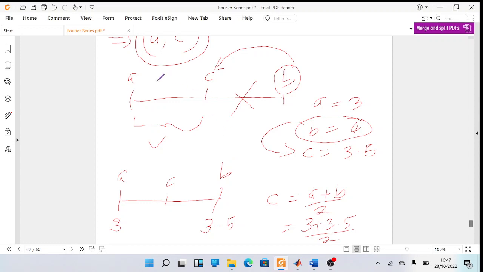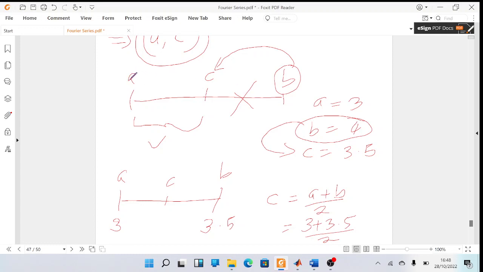However, if we had identified that the root does not lie between a and c, then we discard that interval. So we move a to c, and we are left with the interval c, b, so that our a becomes c here. So either the root is in this interval between a and c, and we move b here, or the root is not in this interval, so it is in this other one.